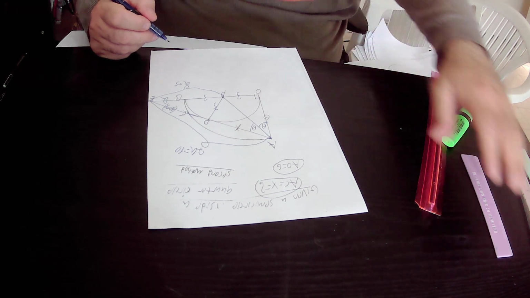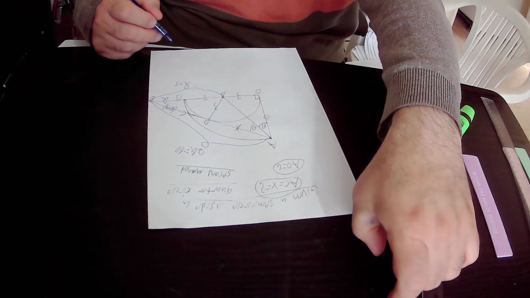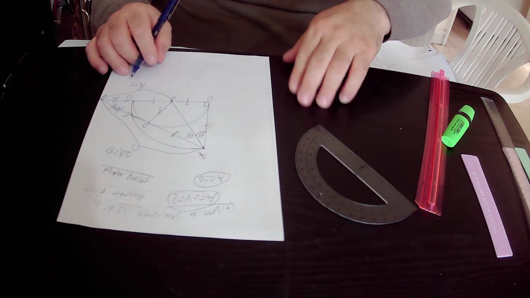In the next step, we will complete the quarter circle to a circle.